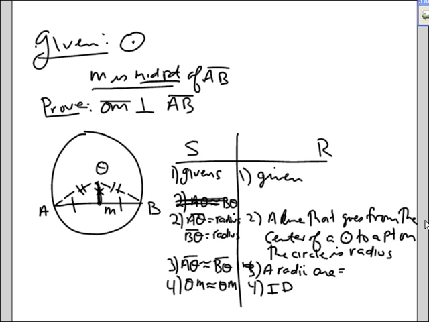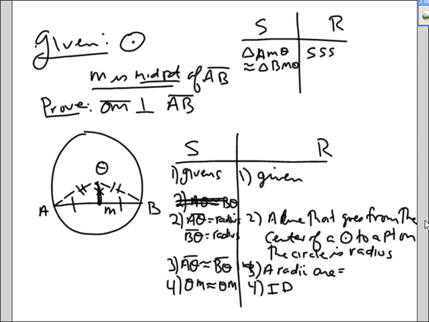Okay, so now we can say that the triangle to the left, triangle AMO, is congruent to triangle BMO, by side, side, side.